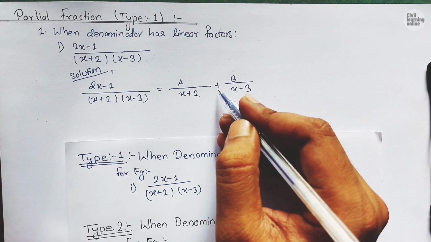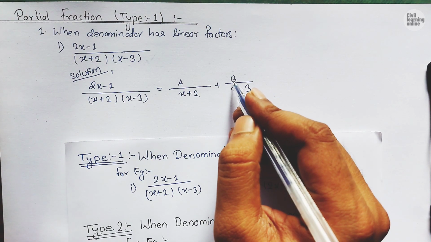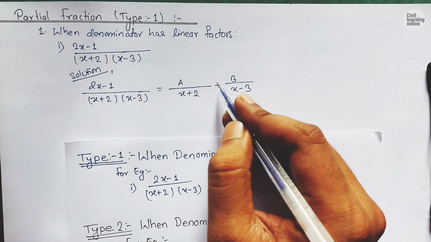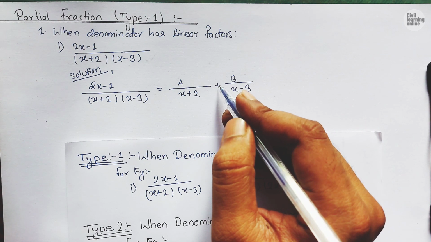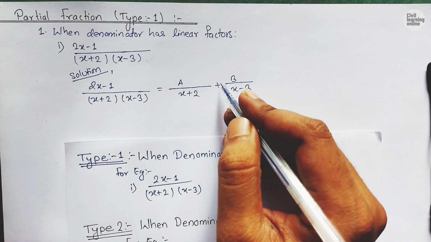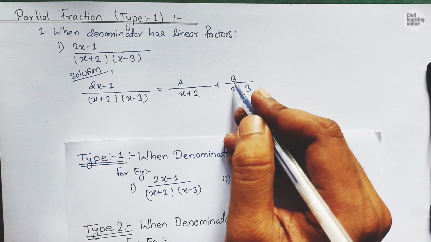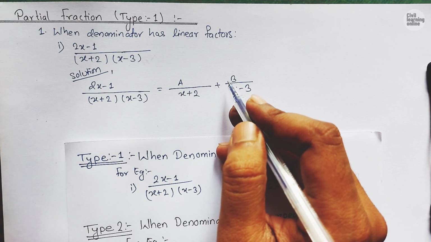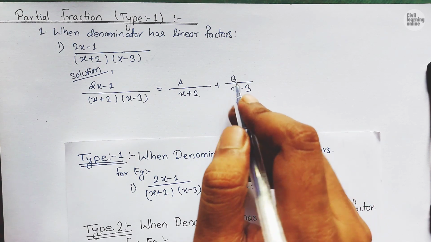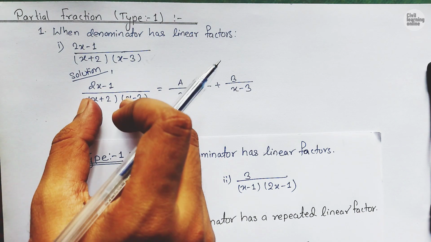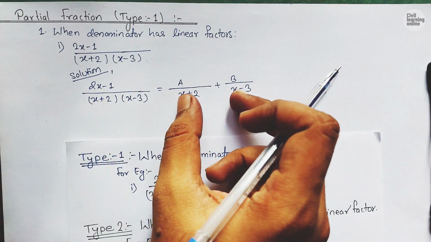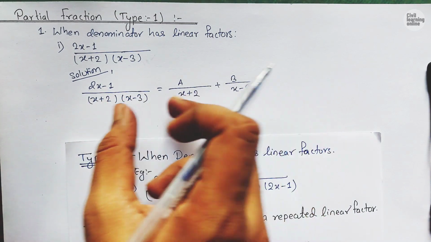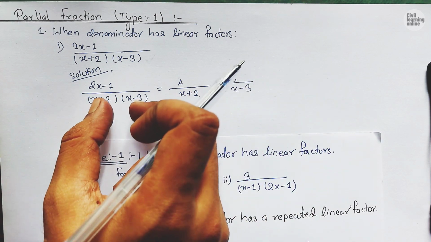Here we use a positive sign, because if the value of b is negative, the positive sign will automatically be converted into a negative sign. Here a and b are constants, and we are going to learn how to find their values. We are simply splitting this single fraction into two fractions.